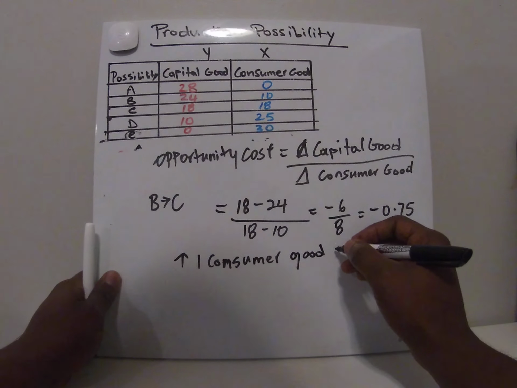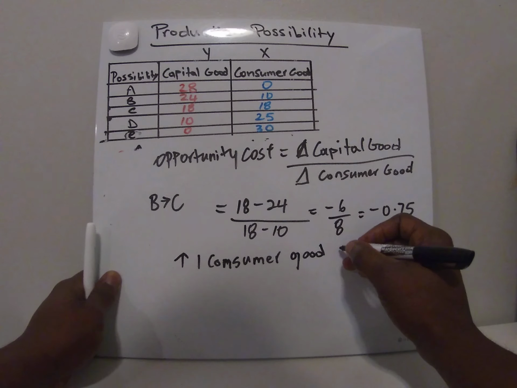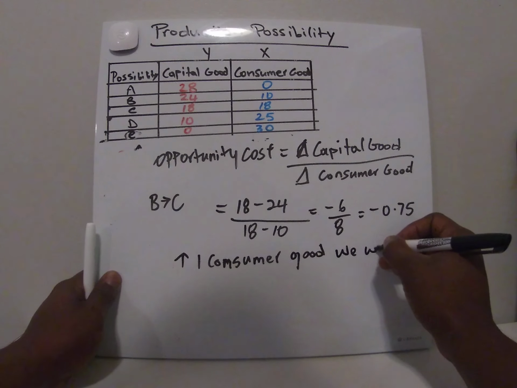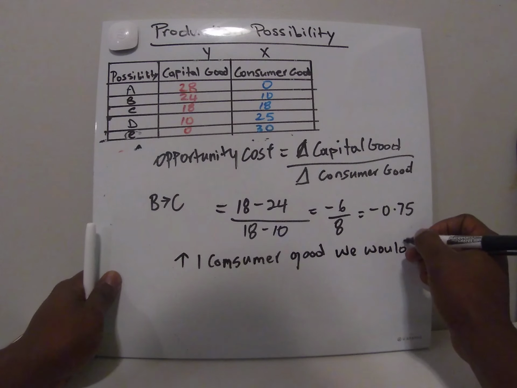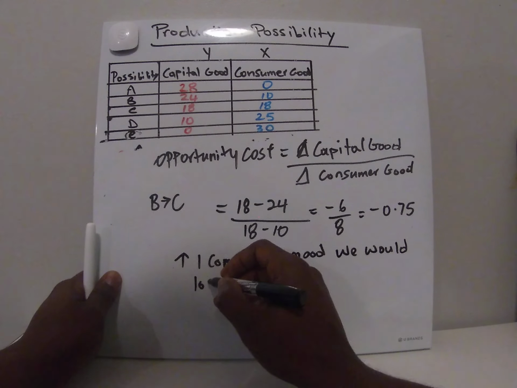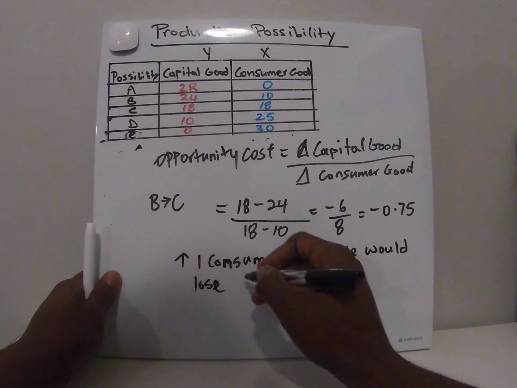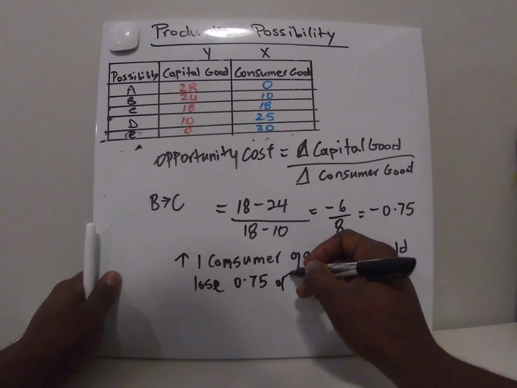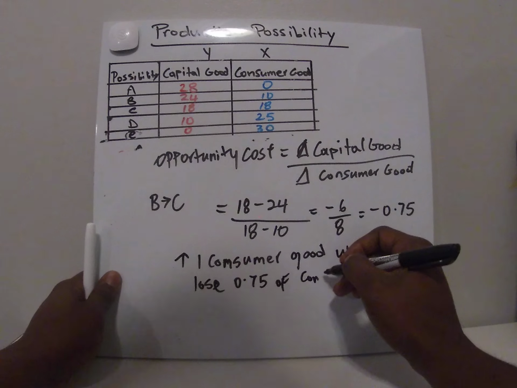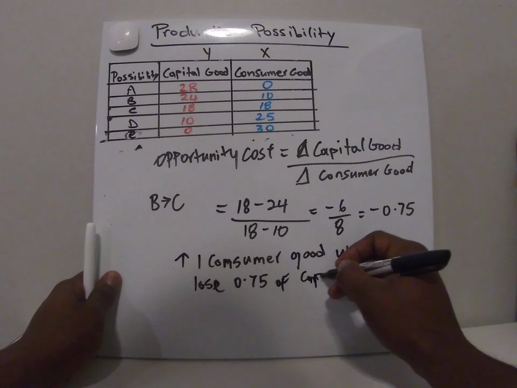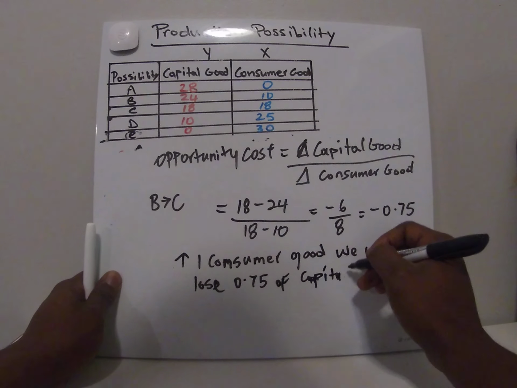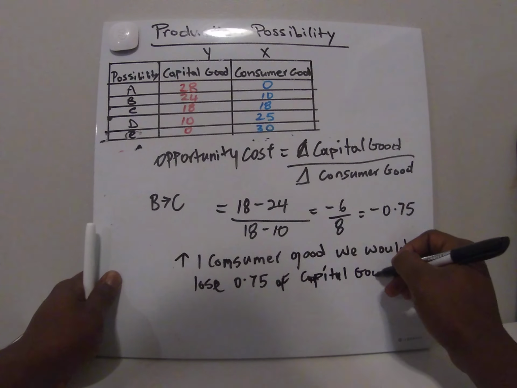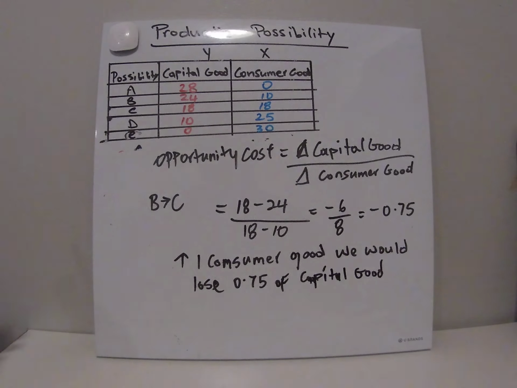For every increase of consumer good, we would lose 0.75 of capital good. All right, so that's it for that.